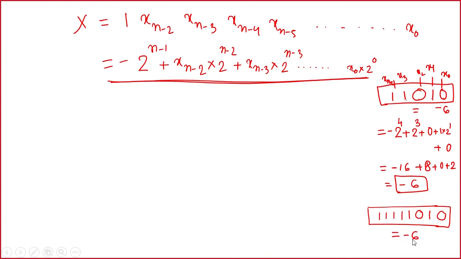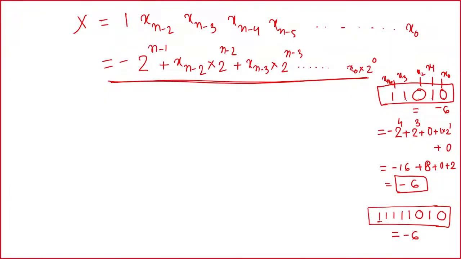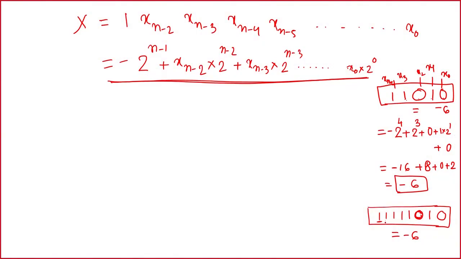What is the quick observation you can make from here? See, the sign bit is 1, then 1 1 1 1, and starting 0 here. So, for any negative number you will get a 0 somewhere. It can be in the x n minus 2 position, or it can be anywhere.